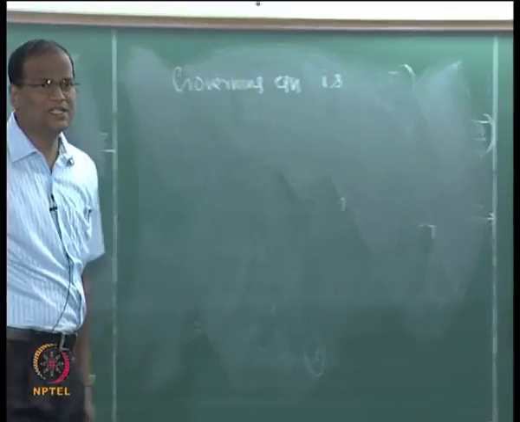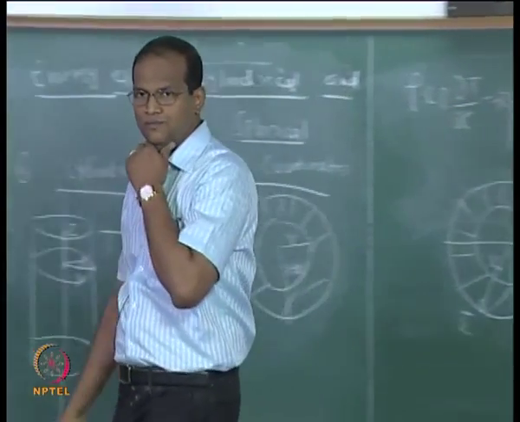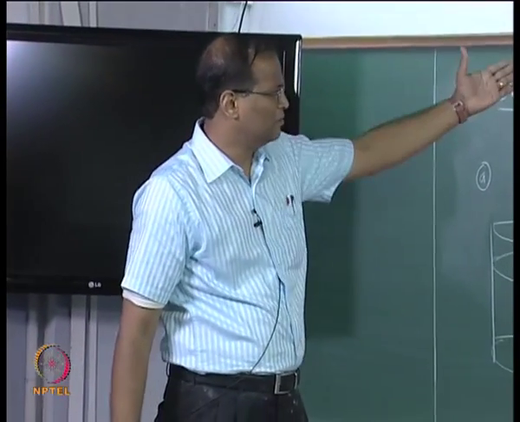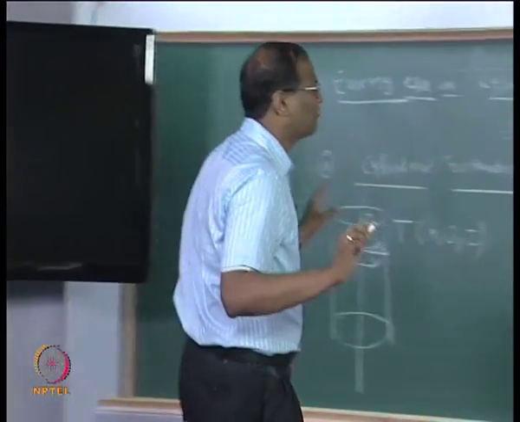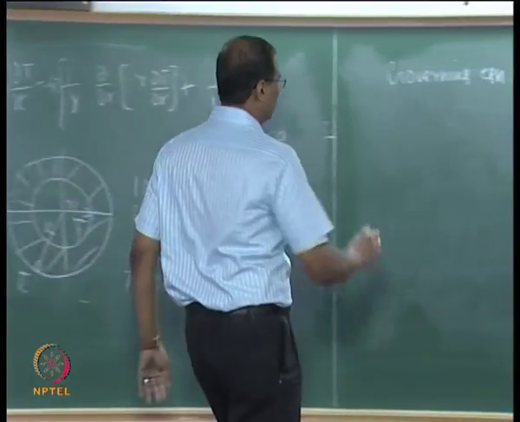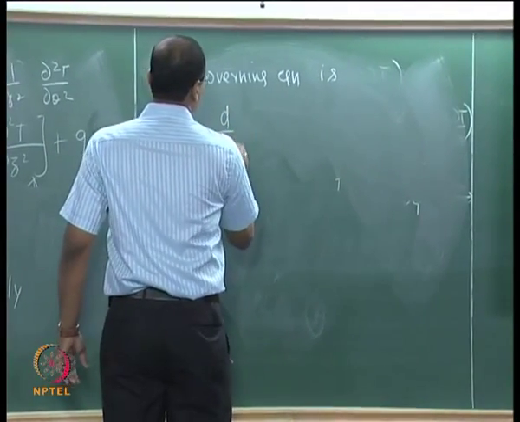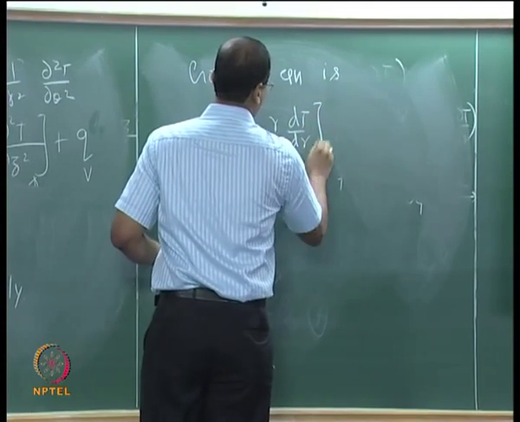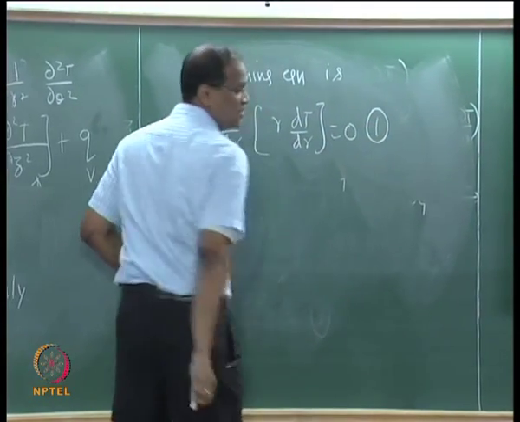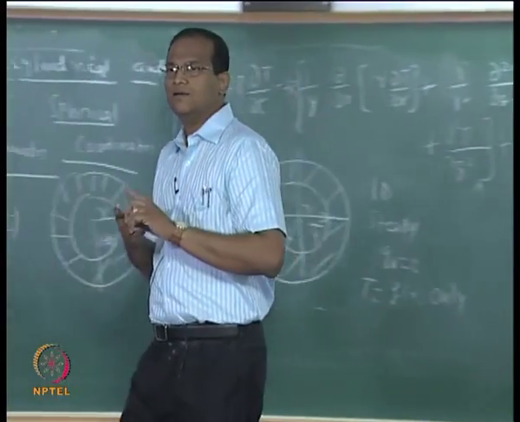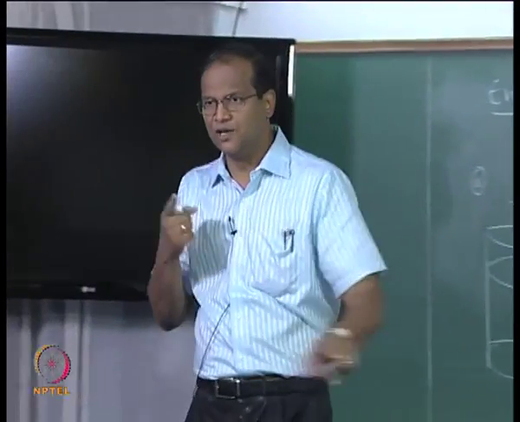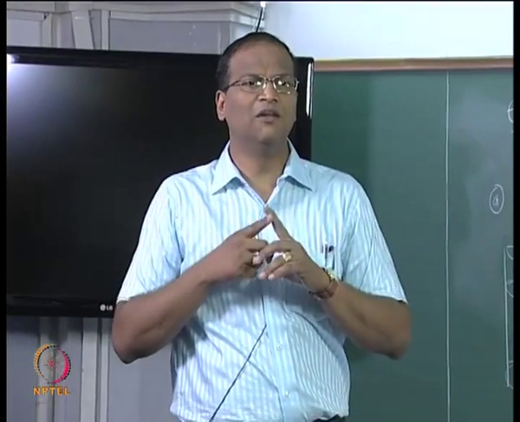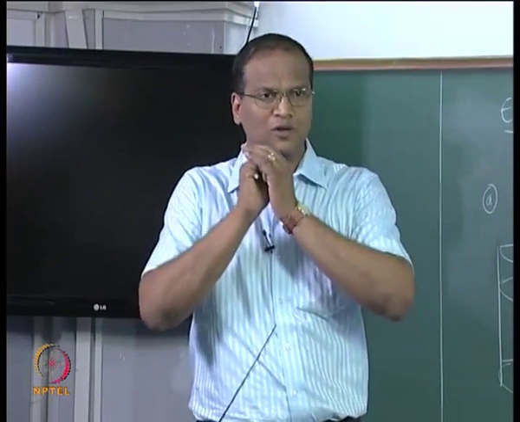So the governing equation is, from this, dou by dou r of r dT by dr equal to 0, that is it. I can make it d also, no need for dou. Is everybody through with this? The left side unsteady term is 0, right side d square T by d theta square is 0, d square T by d z square is 0, QV equal to 0.